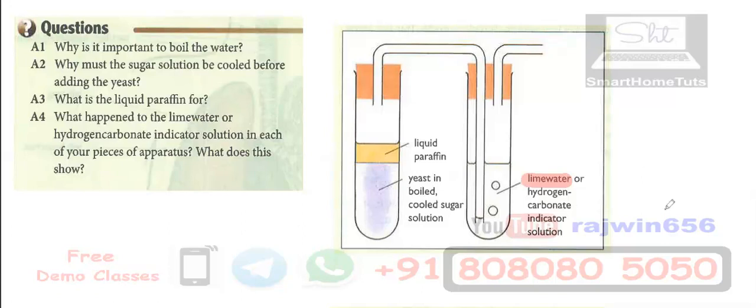The carbon dioxide that is formed will get collected over here and is made to pass through lime water, so this lime water solution is going to turn cloudy. This experiment shows that carbon dioxide is evolved in the process of anaerobic respiration.